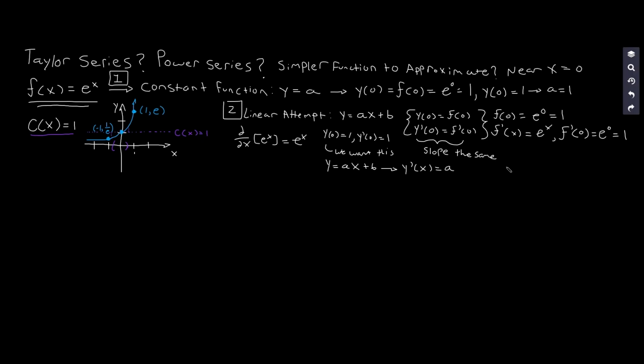And so plugging these in, let's see. I'll just try to do this over here. We've got a of 0 plus b equals 1. All right? A equals 1.